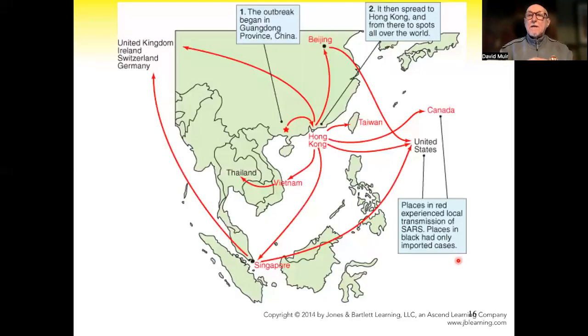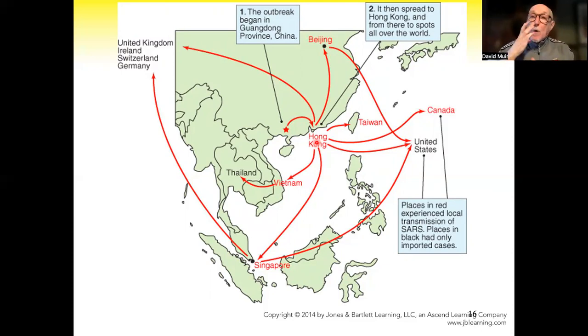And here, I'm not going to do this in any great detail, but it arose in much the same area as SARS-CoV-2, in China. And it very rapidly was transported to Hong Kong, which was the major center of spread, because Hong Kong was the financial center, and it's a center of international travel.